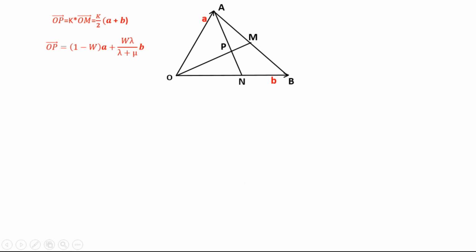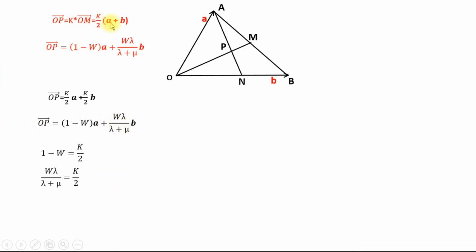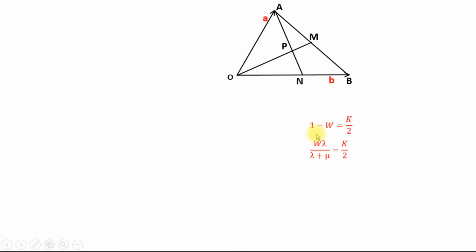So we use this fact to set up two simultaneous equations with two unknowns, because we have OP described by these two expressions, which means the coefficient of A in both OPs must be the same, and the coefficient of B in both descriptions must be the same, which gives us two simultaneous equations for the unknowns K and W.